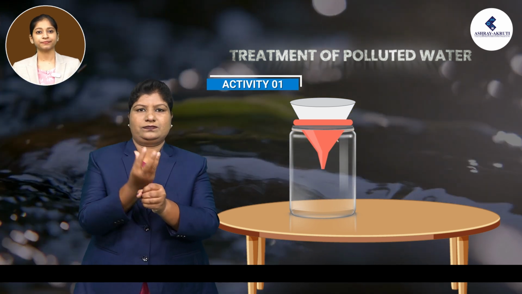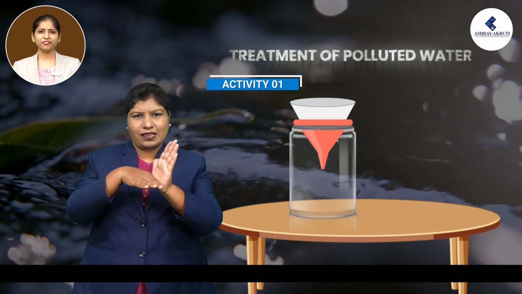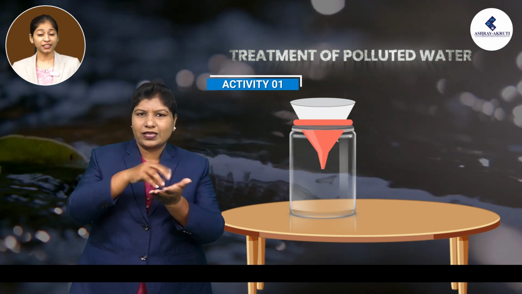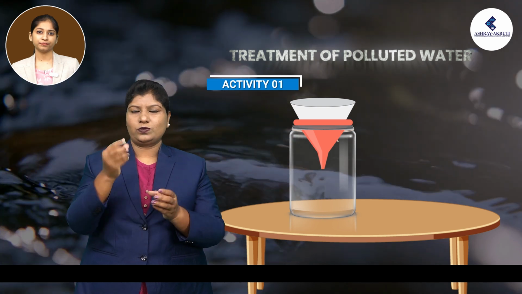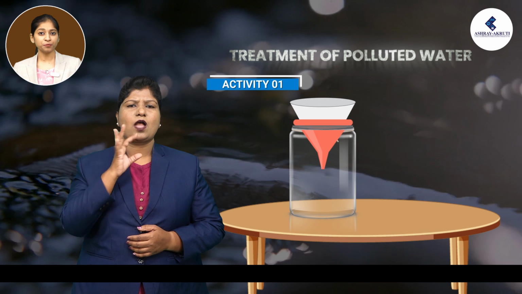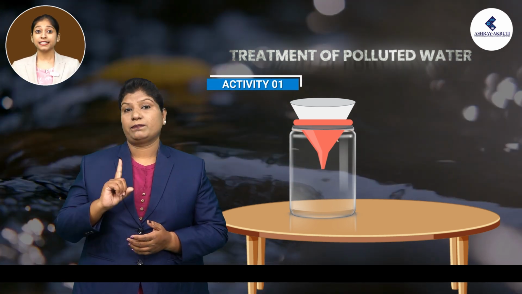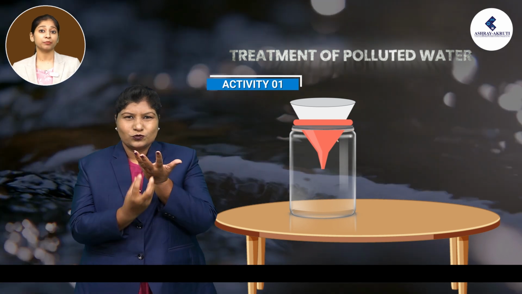Place layers of sand, fine gravel, and finally, medium gravel in the funnel. An actual filtration plant does not use filter paper, but the sand filter is several meters deep.